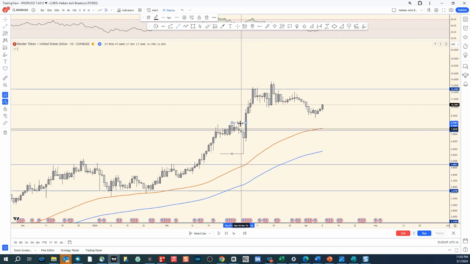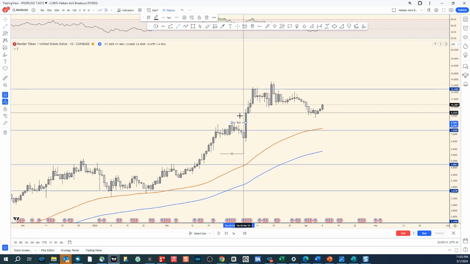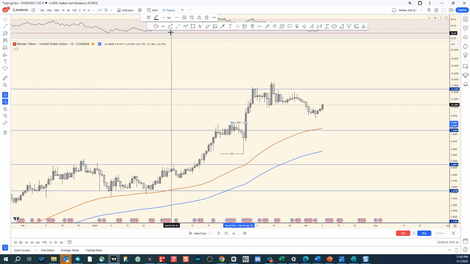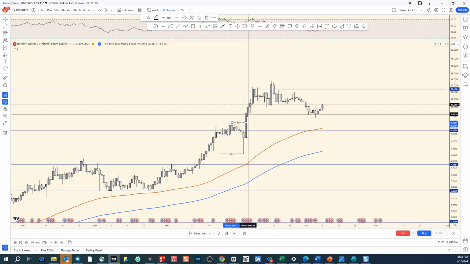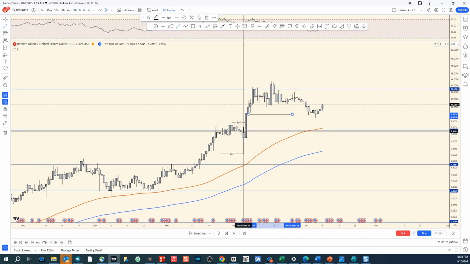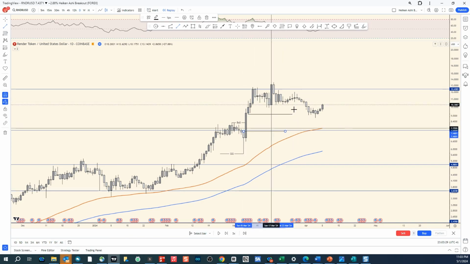Okay. The fourth prerequisite that we have is it has to deliver an imbalance or inefficiency, or for ICT traders, a fair value gap, whatever you want to call it. Me, I call it an imbalance. And I label the imbalance like this, just so I can remind myself that there is an imbalance here in price that needs to be filled.